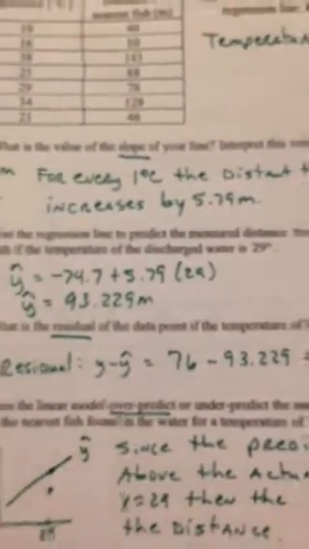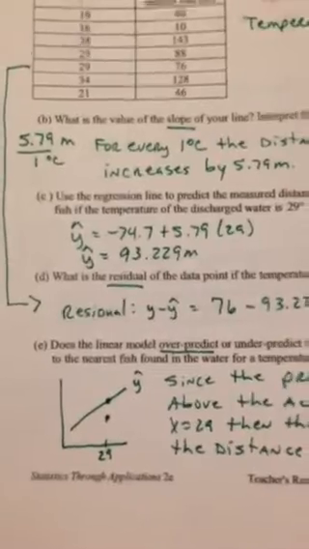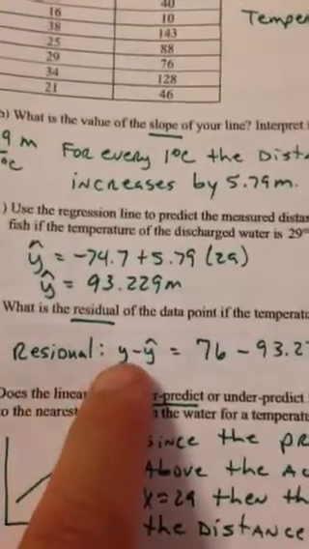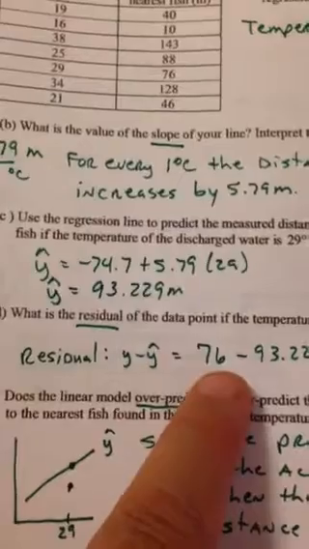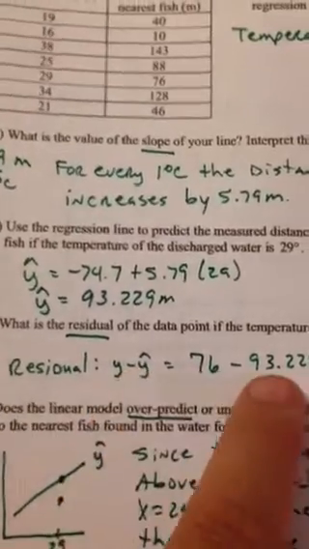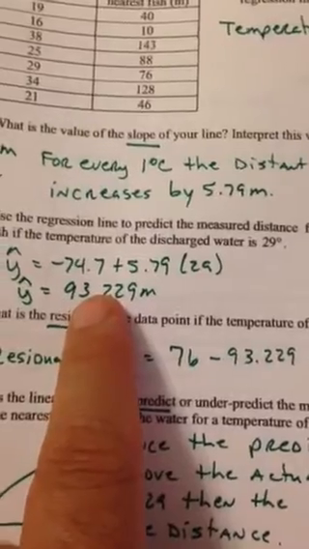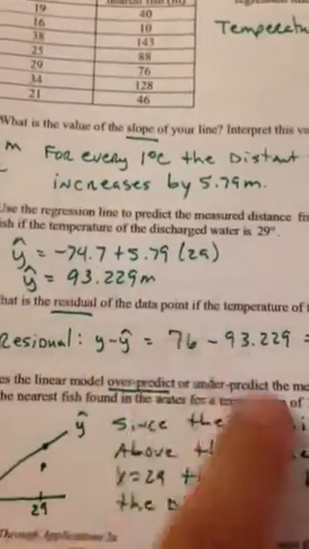All right, now the next thing we're going to do is we're going to talk about the residual. Notice this is when x is 29 here, y is 76. So in order to find the residual, we're going to take our observed y, which was 76, and we're going to subtract the predicted y, which we got in the problem before. So make sure you're understanding what I'm asking for.